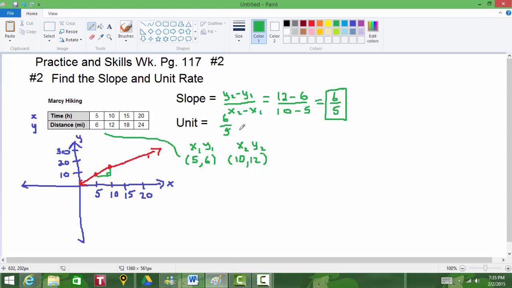And remember that 6/5 is 6/5 of a mile per 1 hour. So if you traveled for 1 hour, you would cover 6/5 of a mile. That ends up being the unit rate for that particular problem.